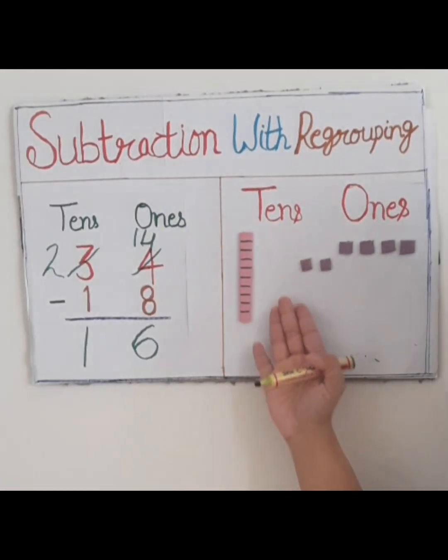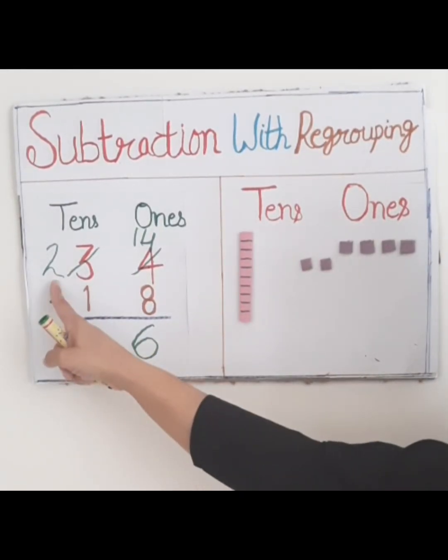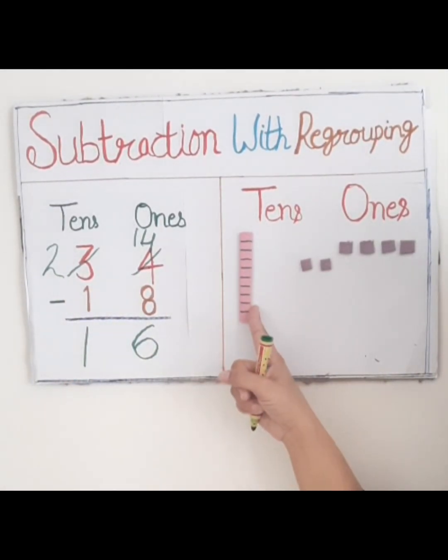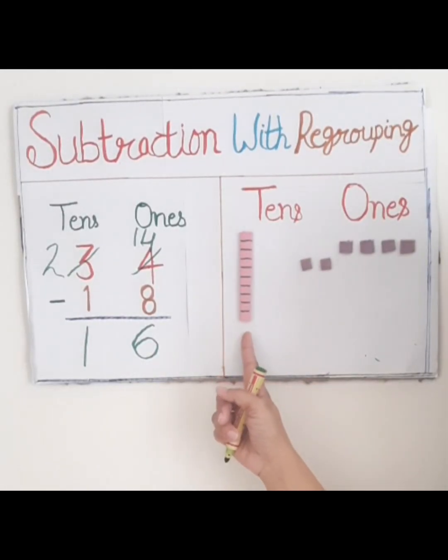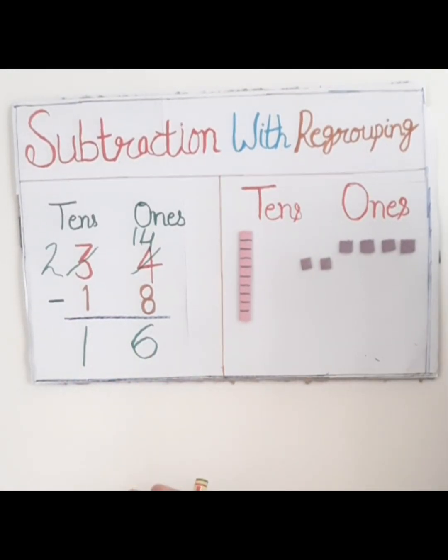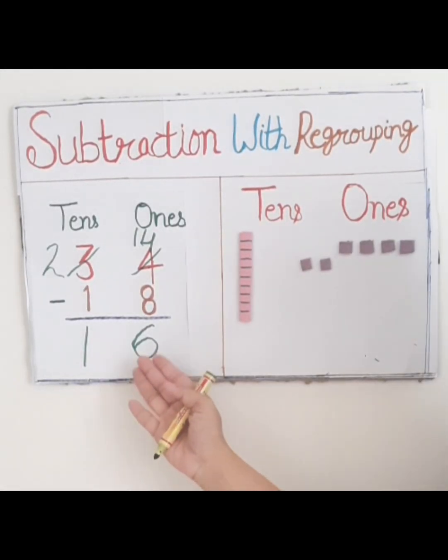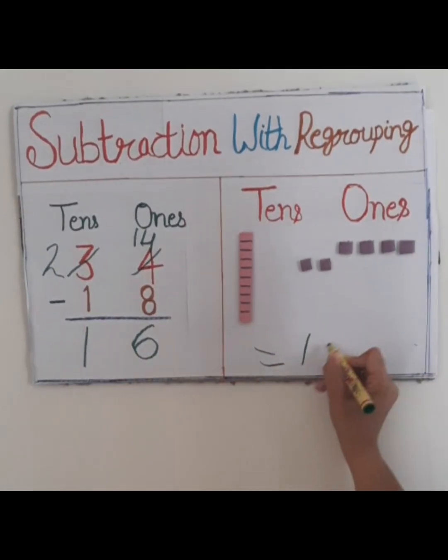Okay. So I had two tens, then from two tens I need to subtract one ten. So I removed one ten and one ten is left with me. So I have written here 1. Clear? So our answer is 16. Means we have 1 ten and 6 ones.